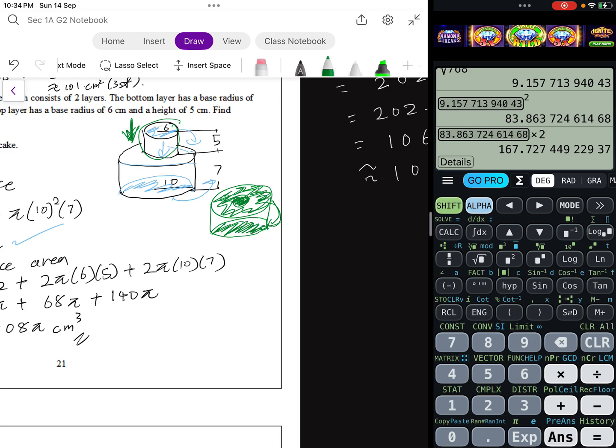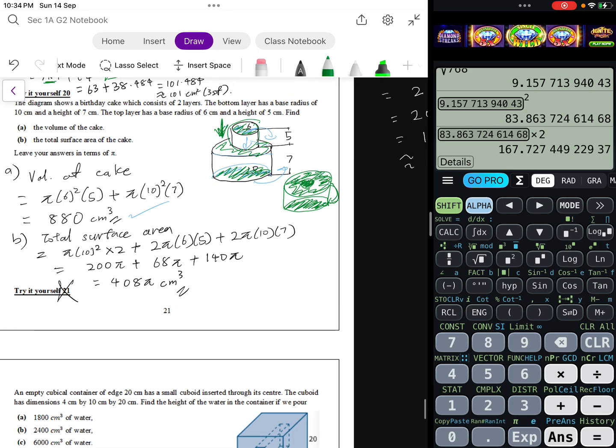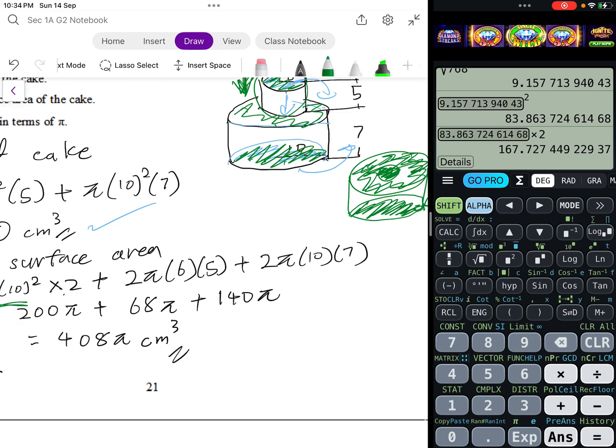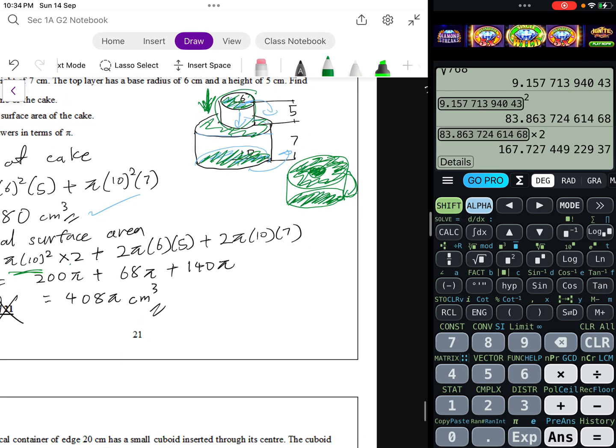So I took the area of the big circle, and I just multiply by 2 for the two sides, right? Because when you push this down, the ring and the small circle should equal the big one, okay?